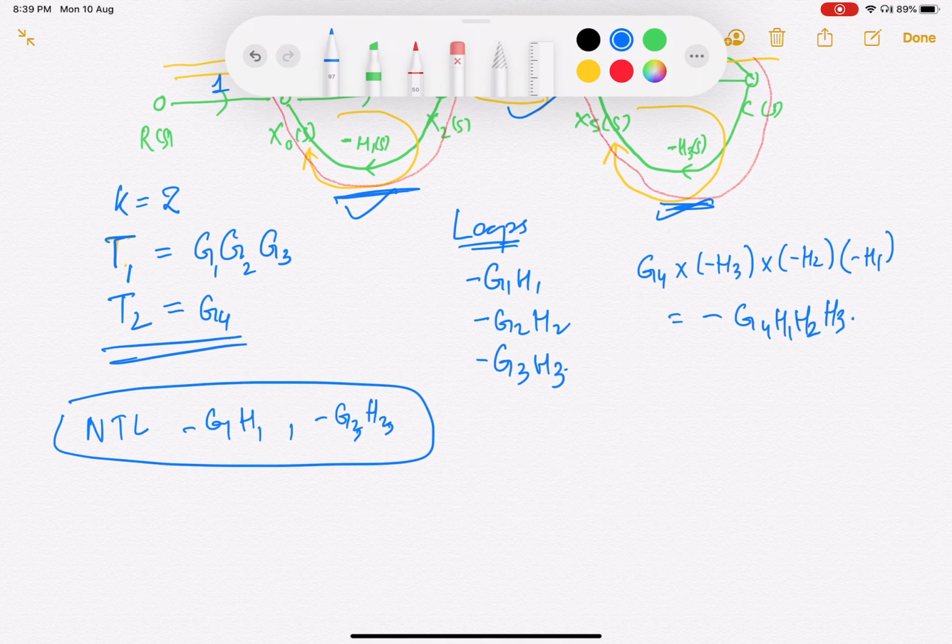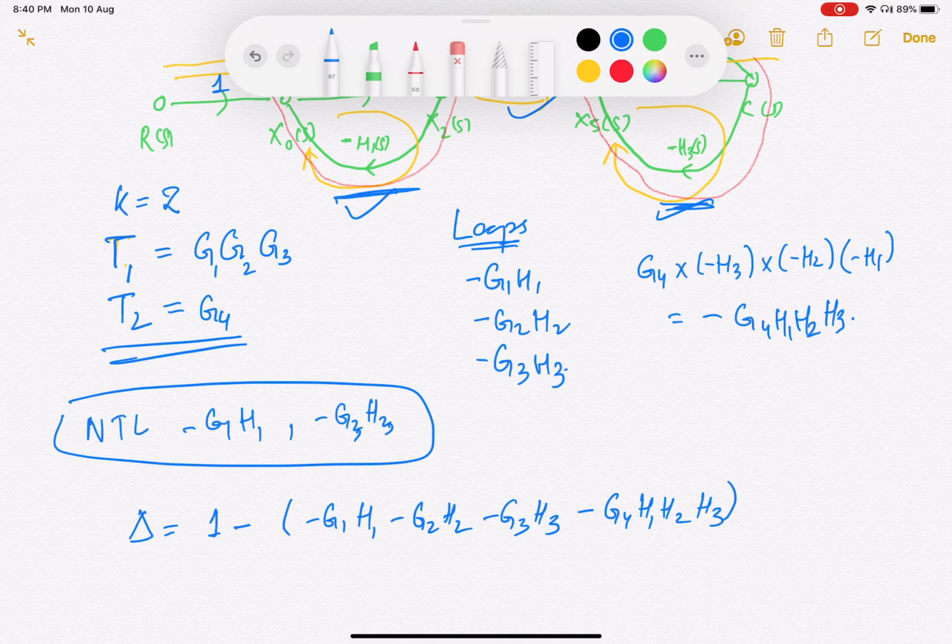So you can write down your delta. Your delta is 1 minus summation of loop gains. So your loop gains are minus G1 H1 minus G2 H2 minus G3 H3 minus G4 H1 H2 H3 plus summation of the non-touching loops taken two at a time. So you have to multiply these two.